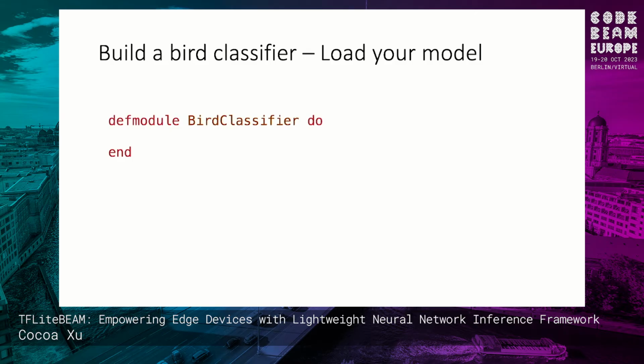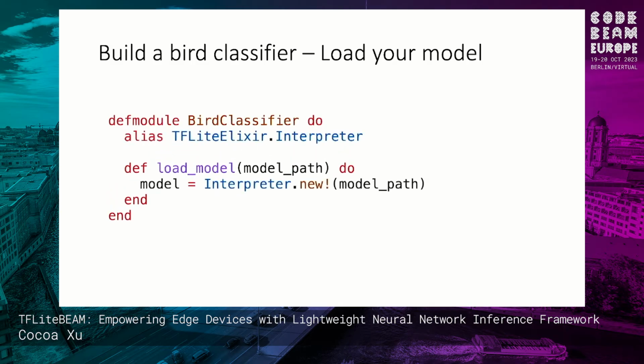So firstly, we define the bird classifier module, and then we define a function called load_model with one parameter, which is the path to your model. And then we can create an alias to the TFLite interpreter, which we will use to load our model by calling Interpreter.new with the path to your model.